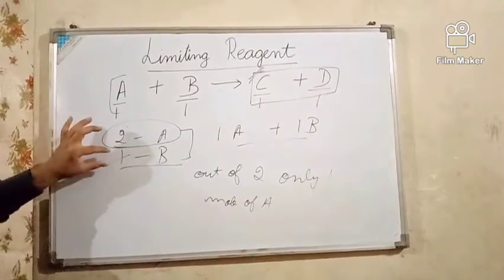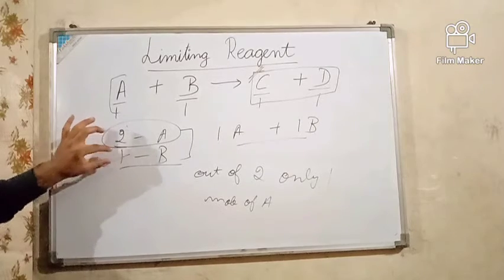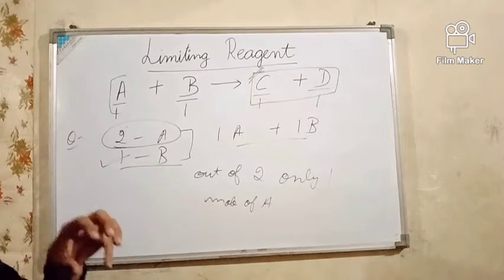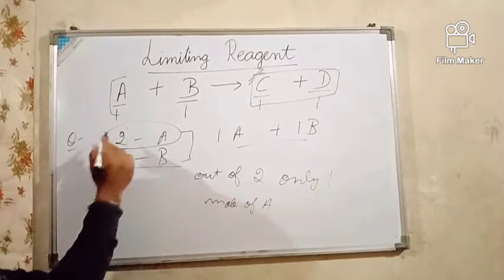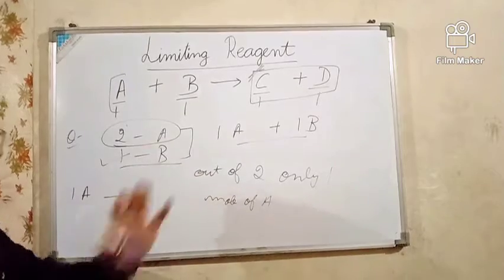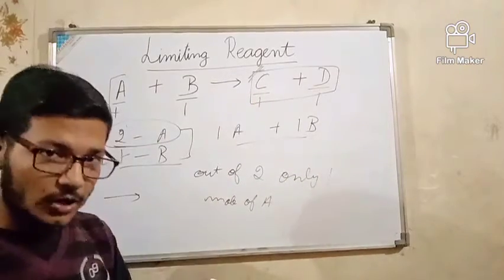So this reactant, which is B, is in limited quantity, and the other extra 1 mole of A is left over and is not used to form the products.